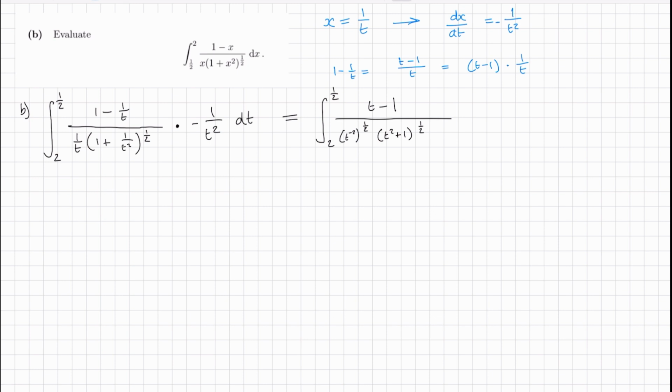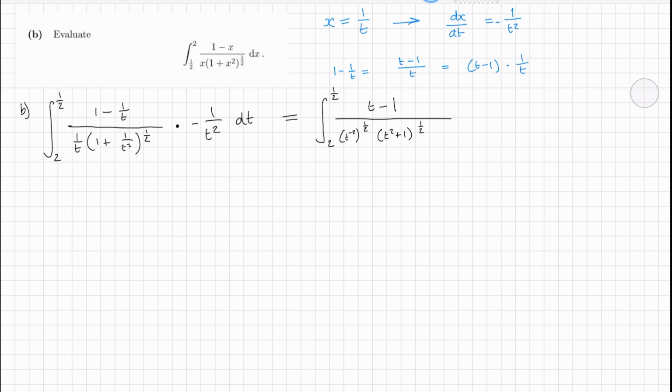So when we had 1 plus 1 over t squared, that's the same as t squared plus 1 over t squared, but we have it to the power of a half. So when we take it out, it's t to the negative 2 to the half.